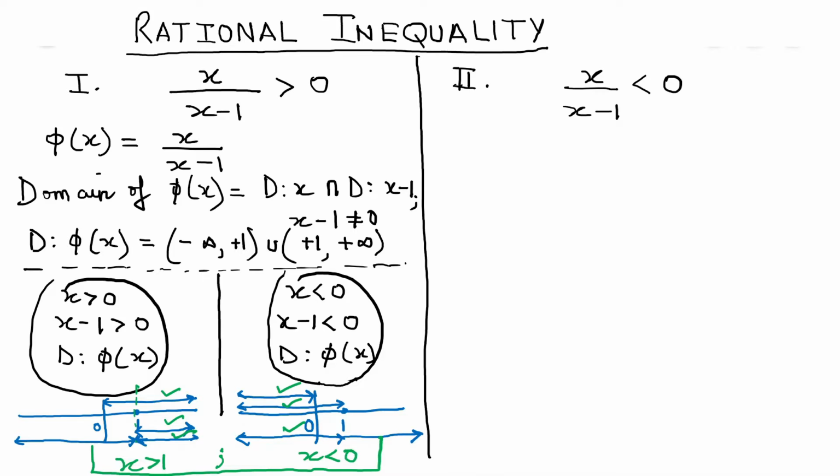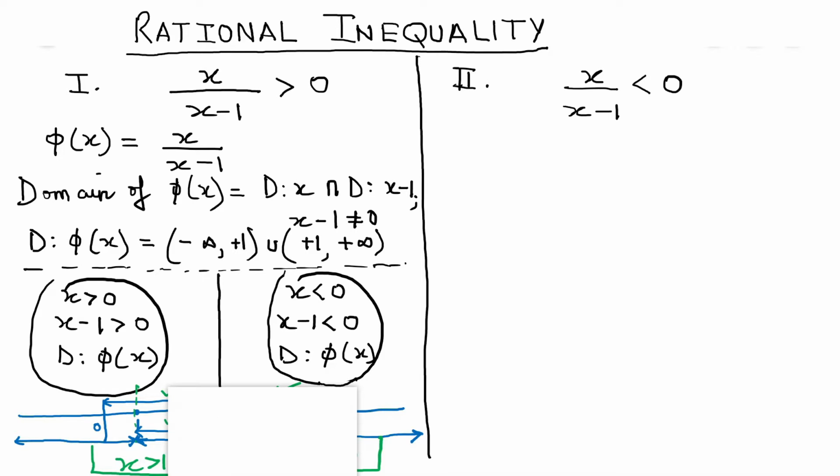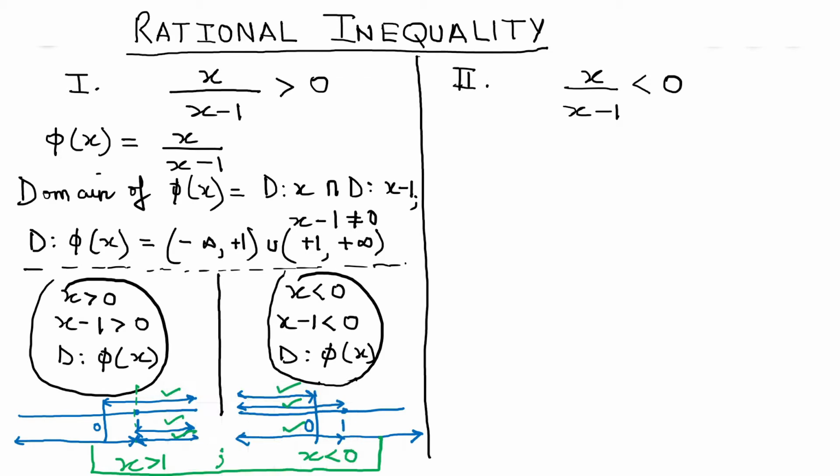Okay, now the second case that we are talking about here is the second example. If we wish, we can save time, or if you want to solve it independently, let us solve it independently also.